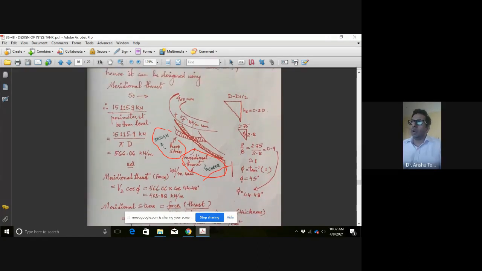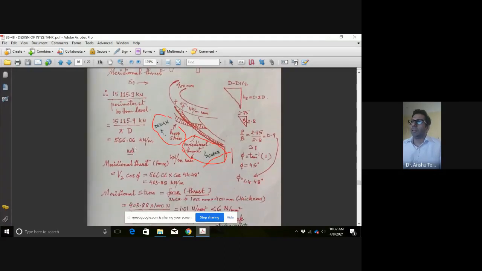So this is the load we have got. Perimeter at the bottom level. When we divide it, we will get 566.06 kilonewton per meter.